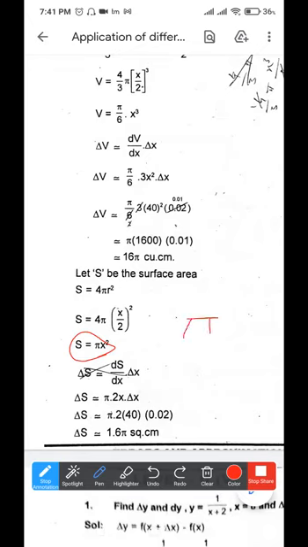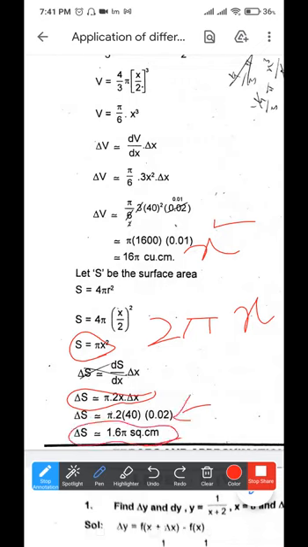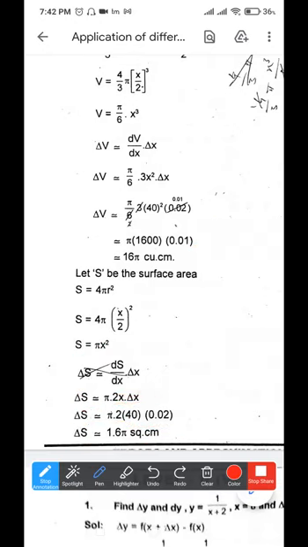Pi will be the same, and differentiation of x square will be 2x. So delta S is equal to pi 2x into delta x. Now pi into x is 0.02. So your delta S is equal to 1.65 centimeter square.